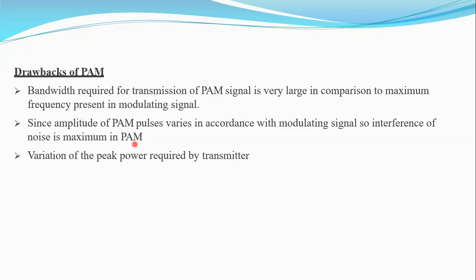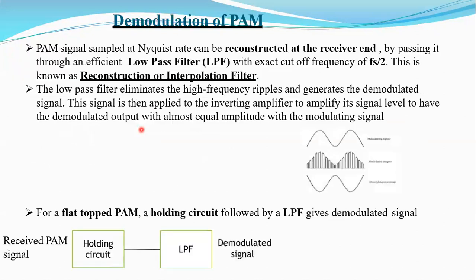Next, how are we going to demodulate this pulse amplitude modulation at the receiver end? The signal can be reconstructed at the receiver end by passing it through an efficient low pass filter.